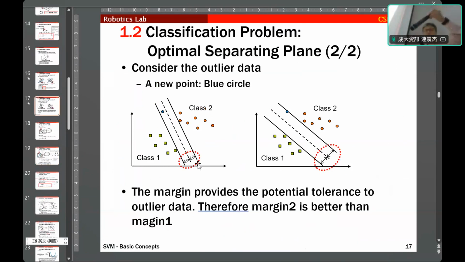In the right hand side, L is here, rotate, right? Rotate this one. So we will find actually in this margin is larger than this one. So this is better. So that means we try to find the best W in order to find the largest margin. That's our purpose.